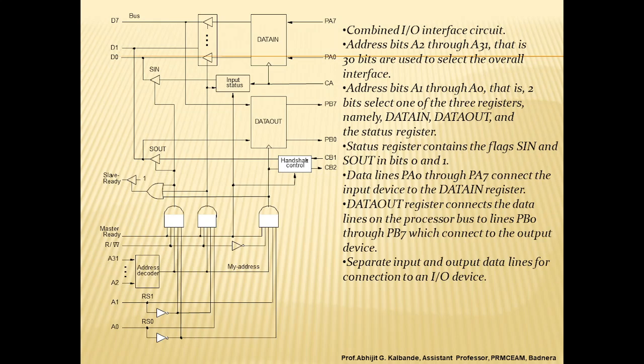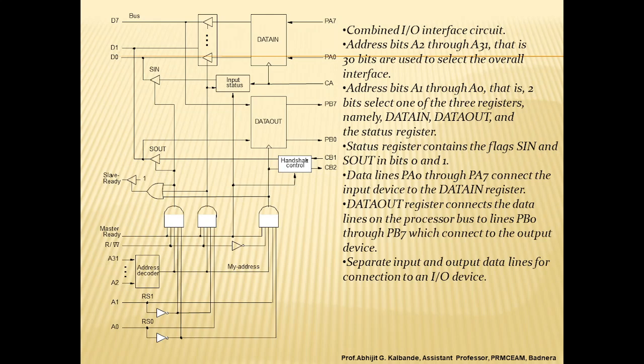The address bits A2 through A31, that is 30 bits, are used to select the overall interface. The address bits A1 and A0, that is 2 bits, select one of the three registers. Those three registers are data in, data out and the status register. The status register contains the flags SIN and SOUT in bits 0 and 1.